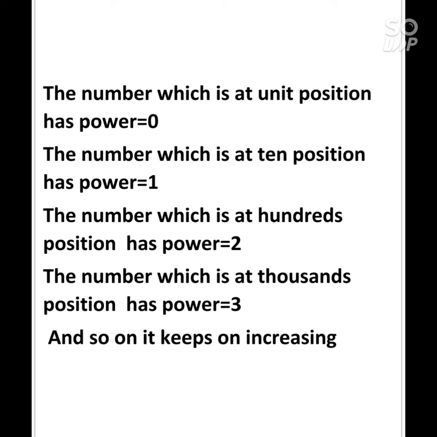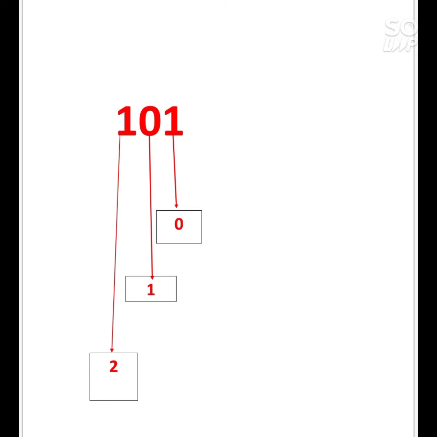If you have just one digit, then that number has only one position, the units position, so its power will be 0. If it is made of 2 digits, then it has units plus tens position: at the units position its power will be 0, and at the tens position its power will be 1. Now we know the power of each digit of 101.